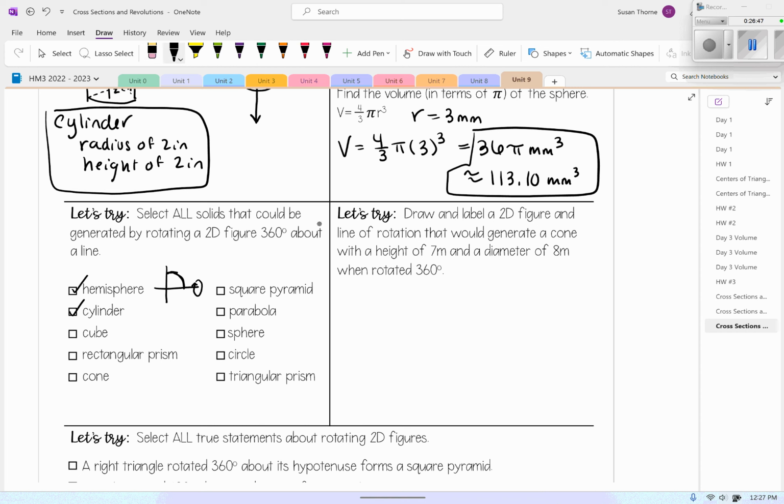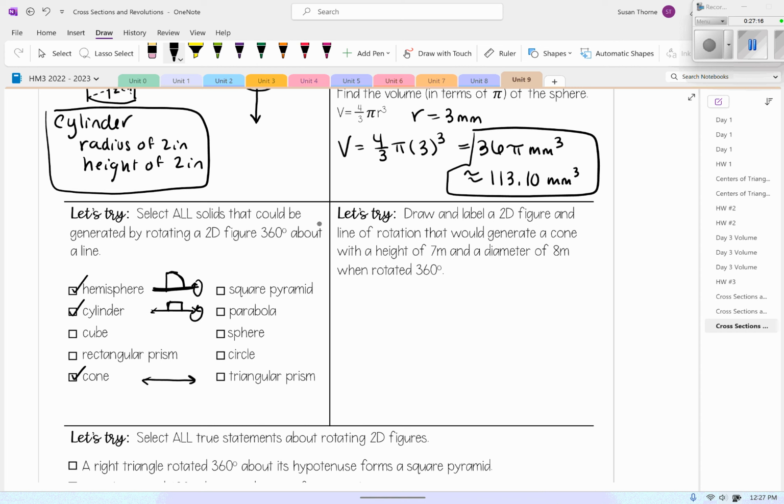A cylinder, of course, we know is possible because we've been doing that with our rectangles. This would be a better picture for that first one. So for a cylinder, let's say this was our line, we could rotate this square. A cube is not possible because if you think about rotating a square, it gives you a cylinder. Rectangular prism is not possible. We know a cone is possible with a triangle.